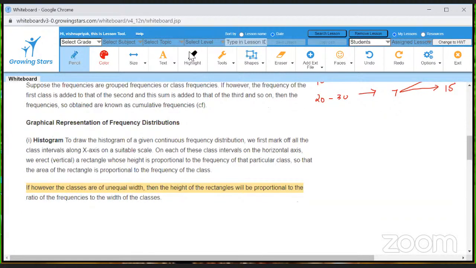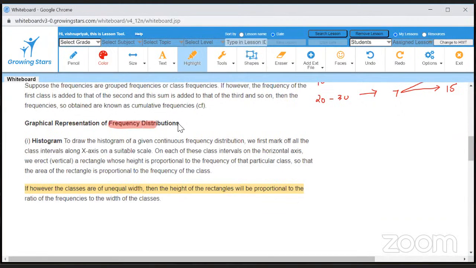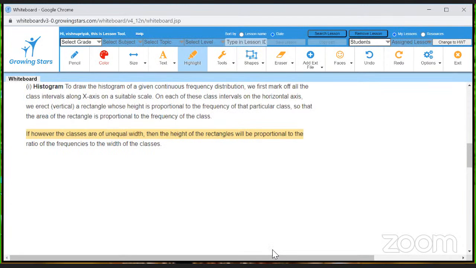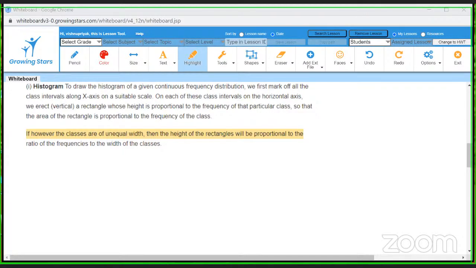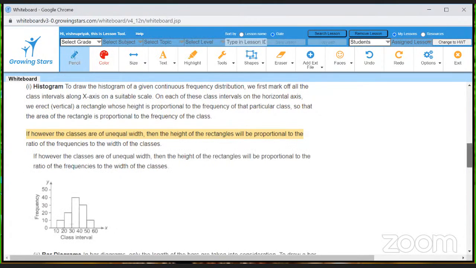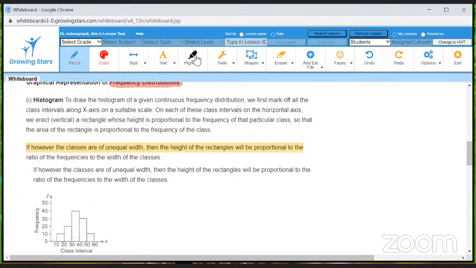The next is how to graph the frequency distributions. In that, the first one is histogram. How to draw a histogram. Not only histogram, many more are there. So histogram looks like this.